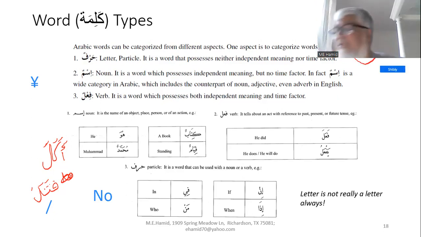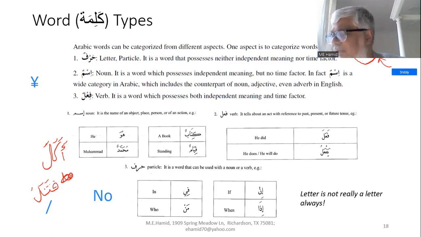"In" has no independent meaning. In what? It's such a small word that it cannot sustain by itself.